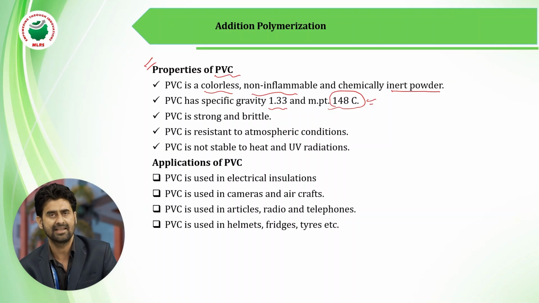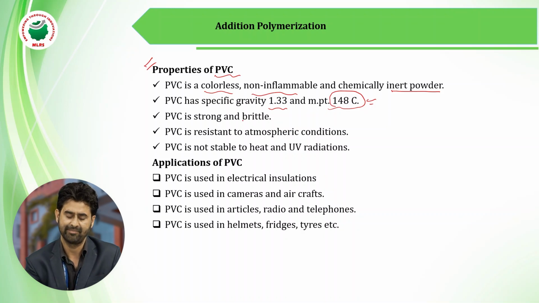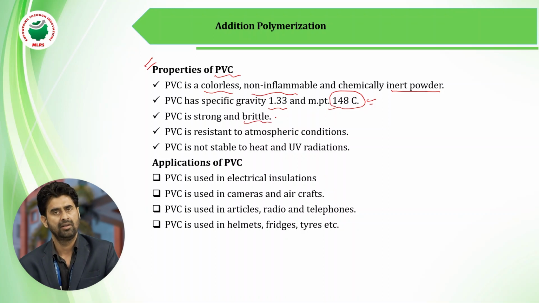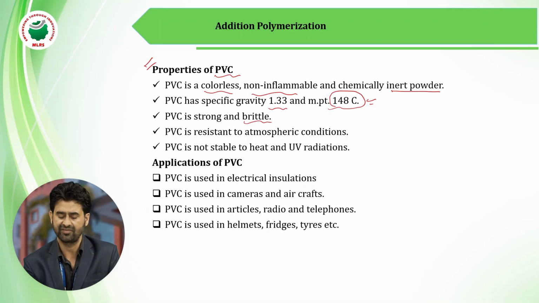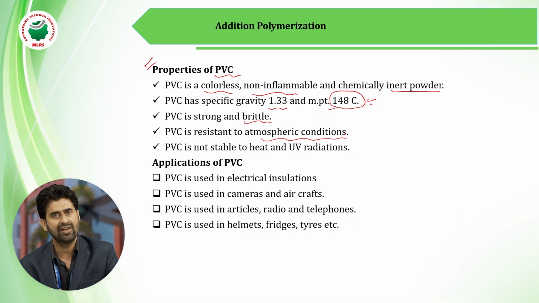Polyvinyl chloride is a very strong addition polymer, or linear polymer, and is brittle. It is very resistant to various atmospheric conditions. Polyvinyl chloride is not stable to heat and ultraviolet radiations.